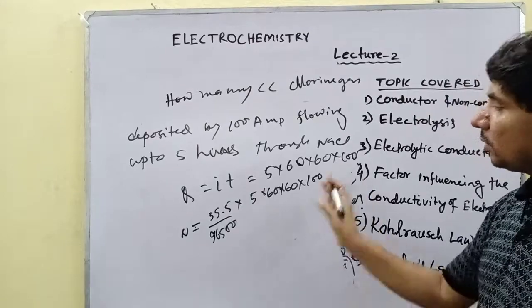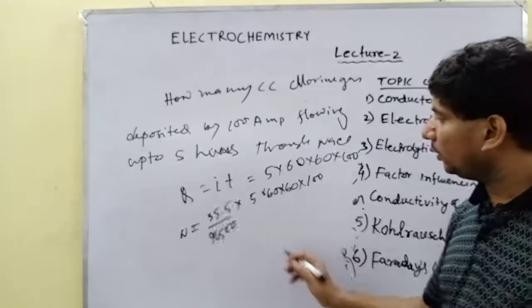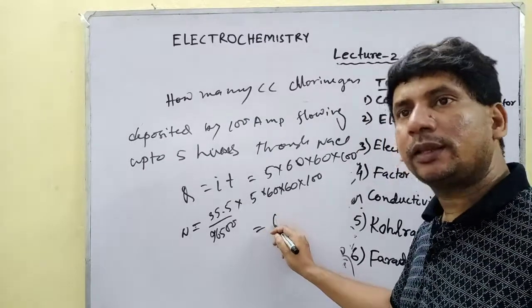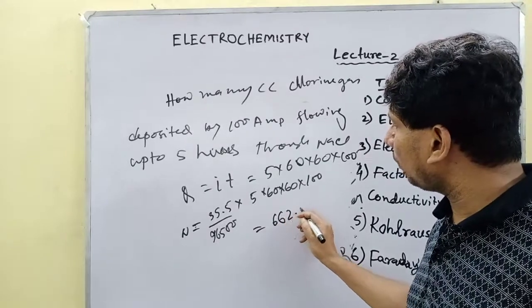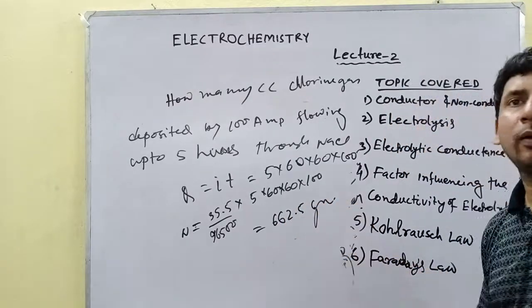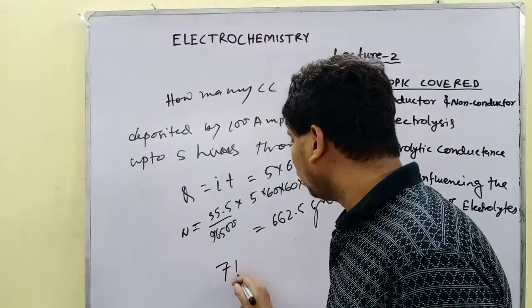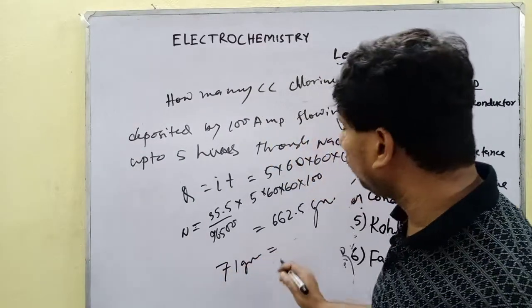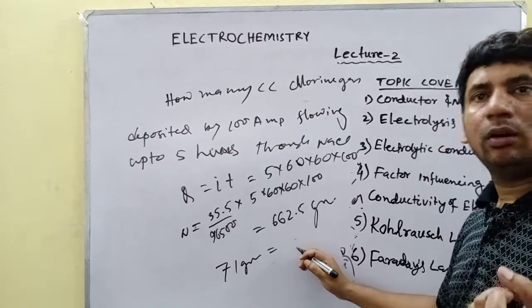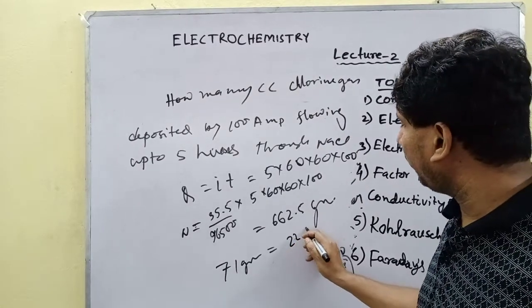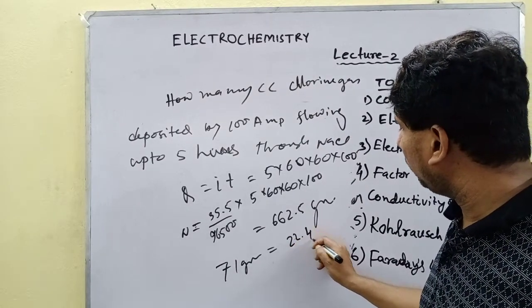Okay, this is gram. This is actually 662.5 gram. Now you know 71 gram equal to 1 mole or 22.4 liter.